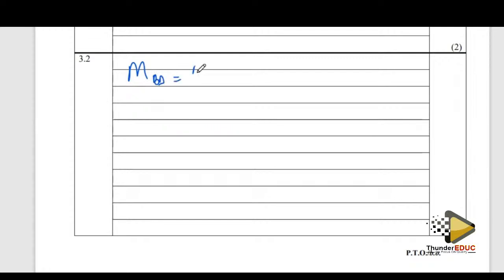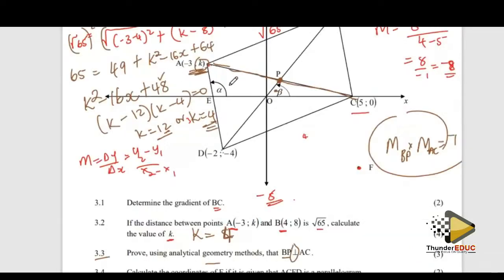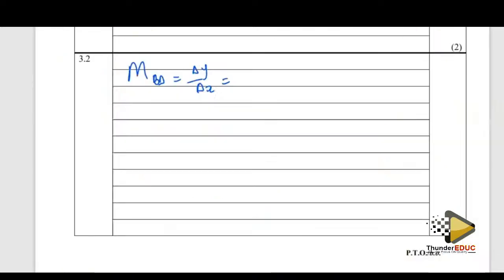Changing y over changing x. And then our BD is 8 and -4, 4 and -2. So I'm going to say 8 minus -4 over 4 minus -2. When I simplify that, I have a 12 over 6, which gives me a 2.